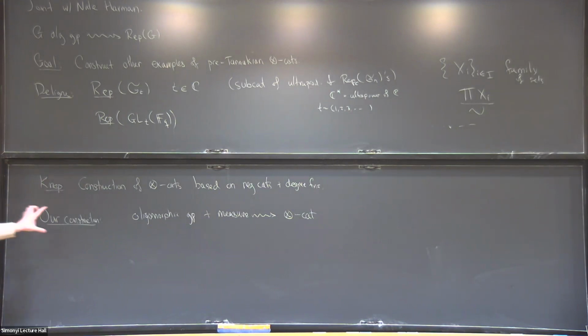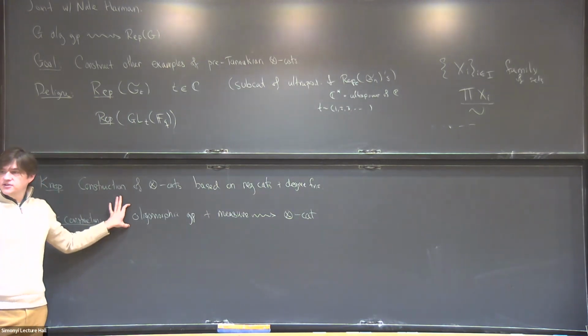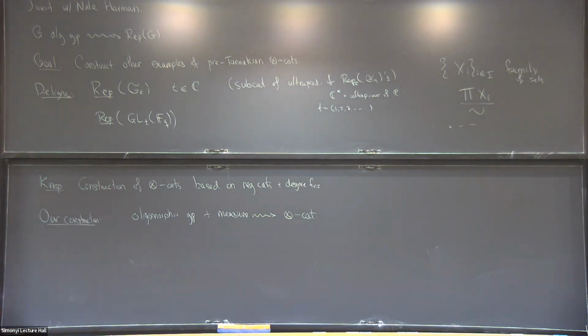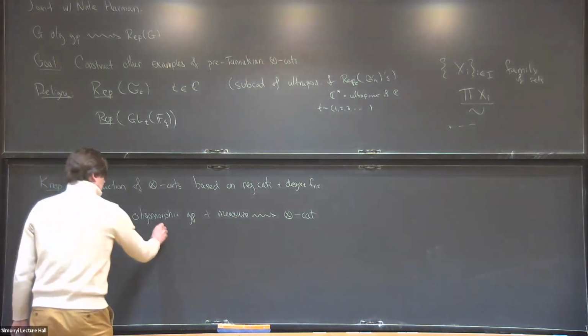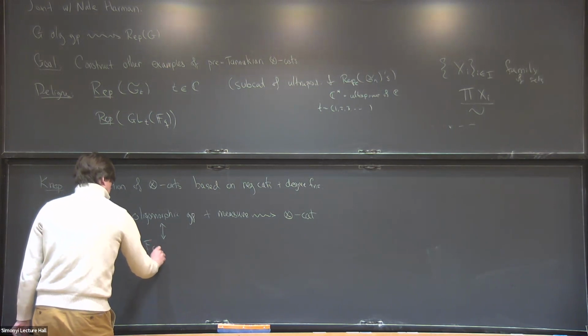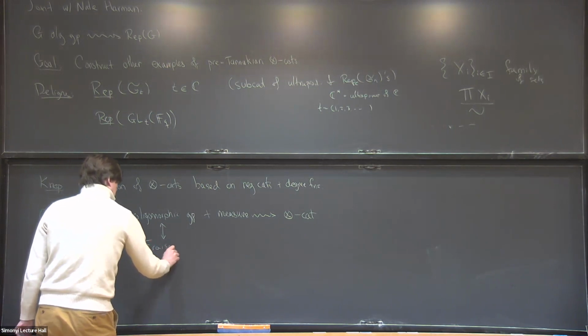These oligomorphic groups are infinite permutation groups, so they can be a little intangible. They can be quite complicated and hard to get your hands on. But fortunately, they all come from finite combinatorics. These oligomorphic groups correspond to combinatorial things called Fraïssé classes.